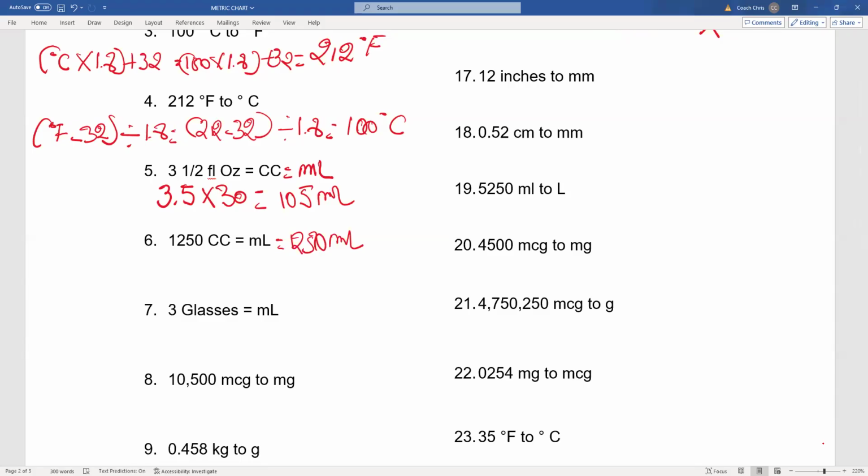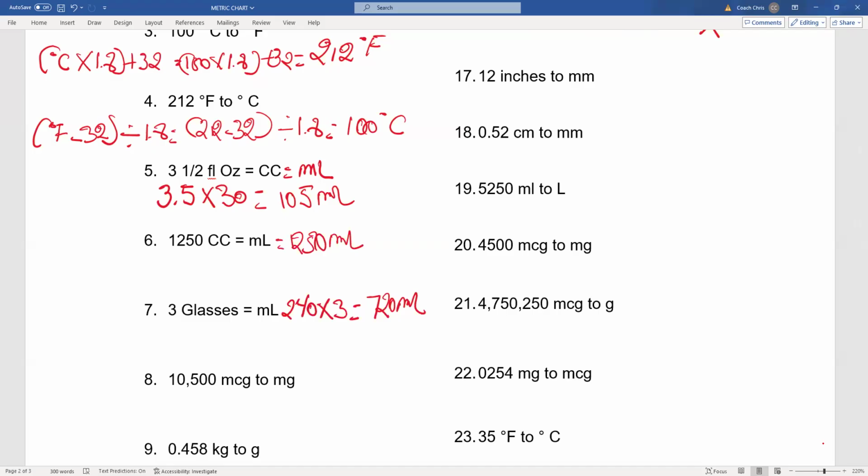So from cups or glasses to milliliters, you will have to multiply this by 3. So 240 multiplied by 3 gives you 720 milliliters. So if they give you 720 milliliters to glasses or cups, from milliliter back to some kind of stuff, that's where you will have to divide.